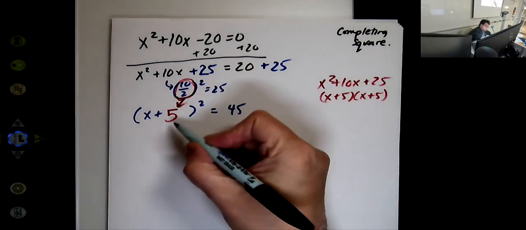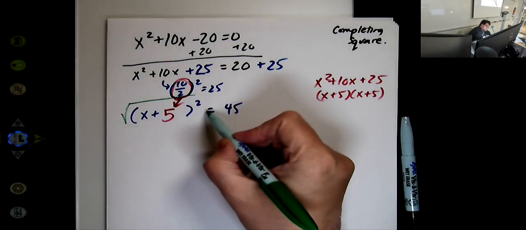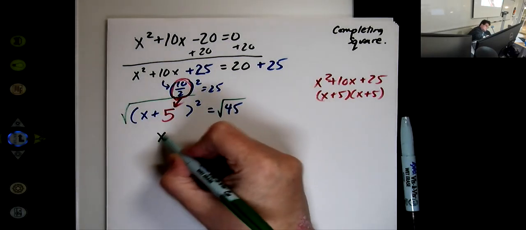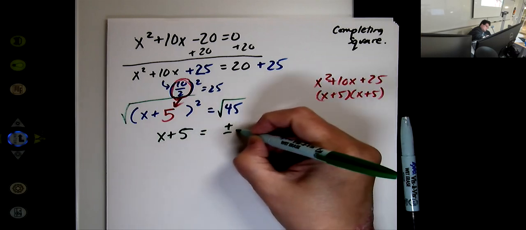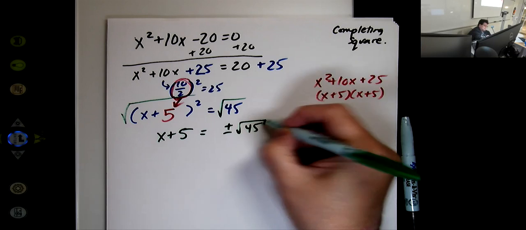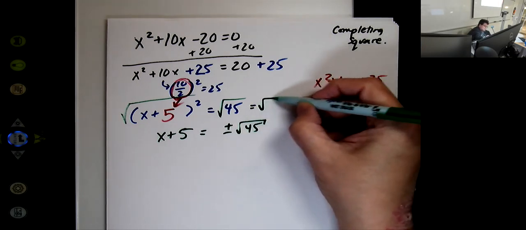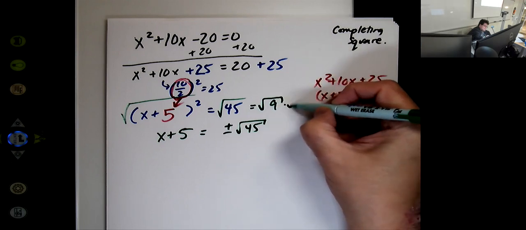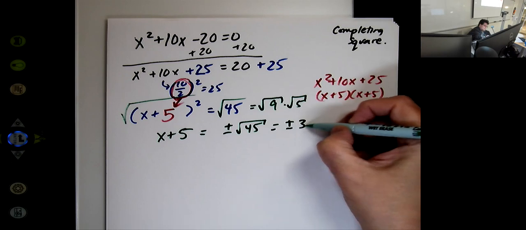Now we'll take the square root of both sides. I get x plus 5 equals plus or minus the square root of 45. Square root of 45 is 9 times 5, so this is plus or minus 3 square root of 5.